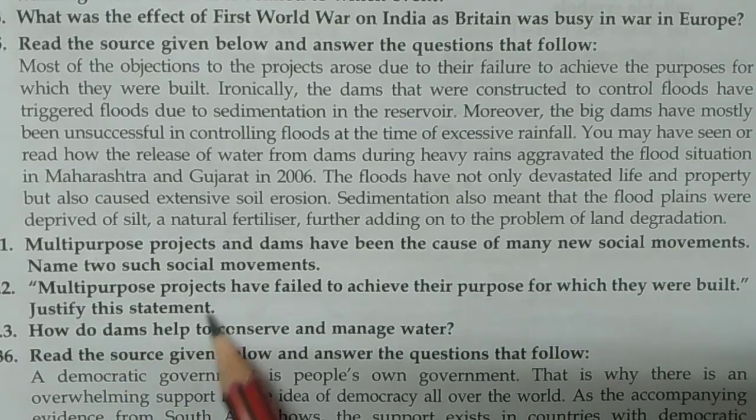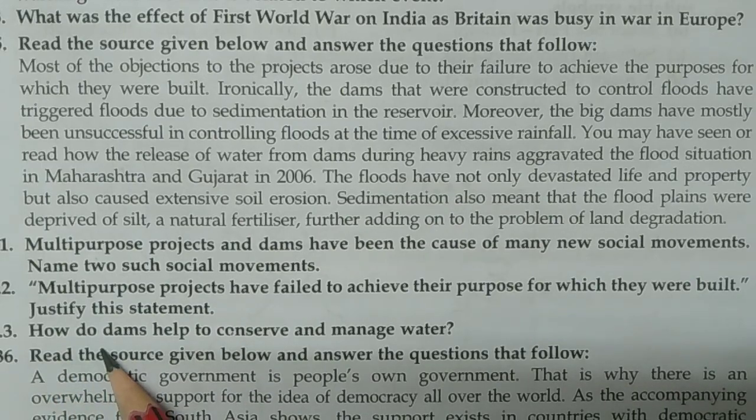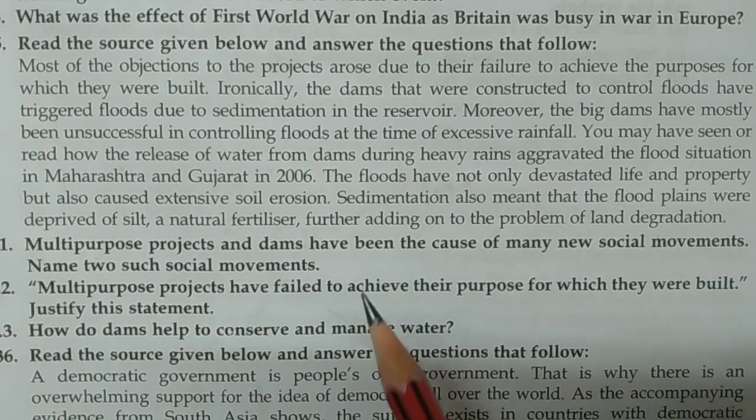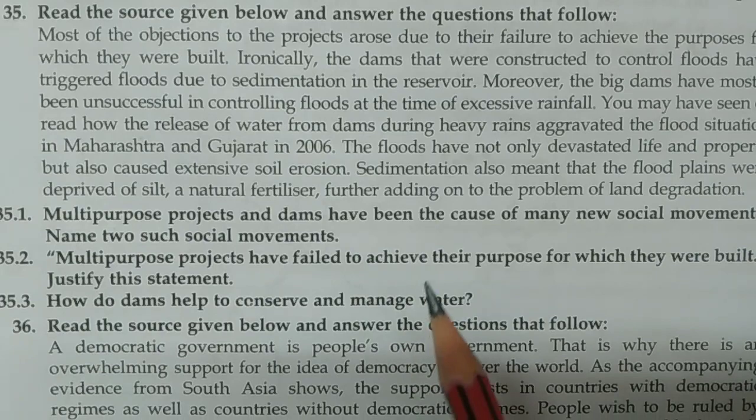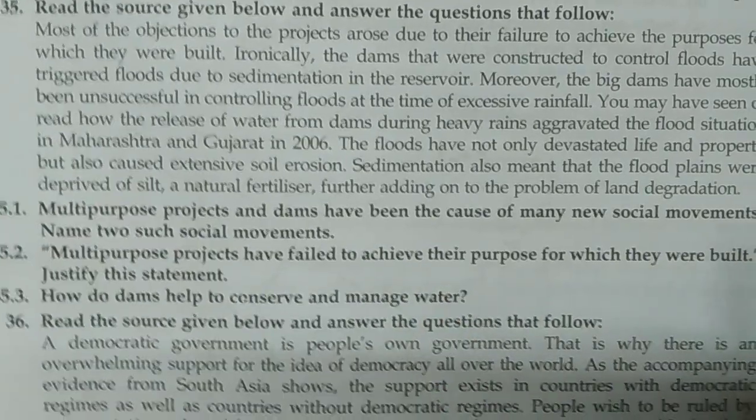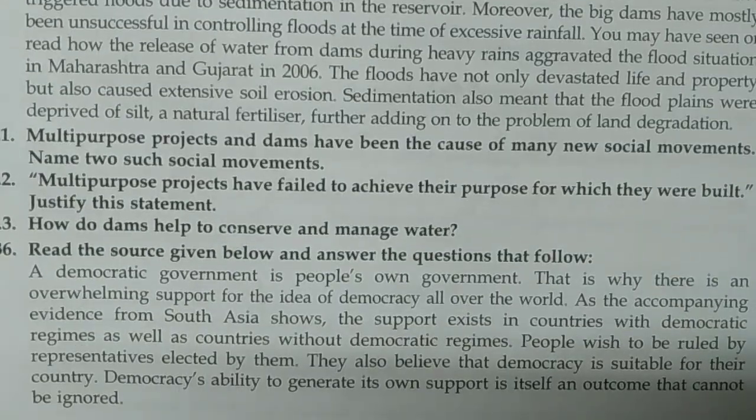Justify this statement. Now 35.3: How do dams help to conserve and manage water? It's question number 3. Now the next case-based study question is question number 36, you can read it from here properly.